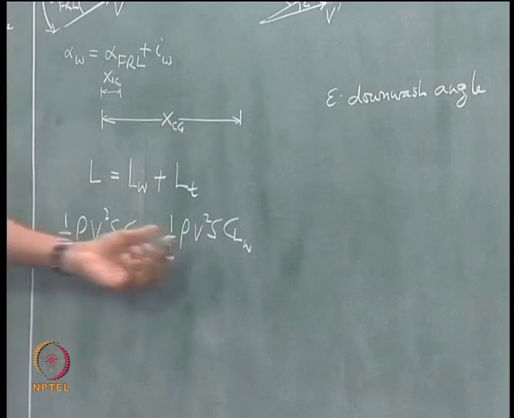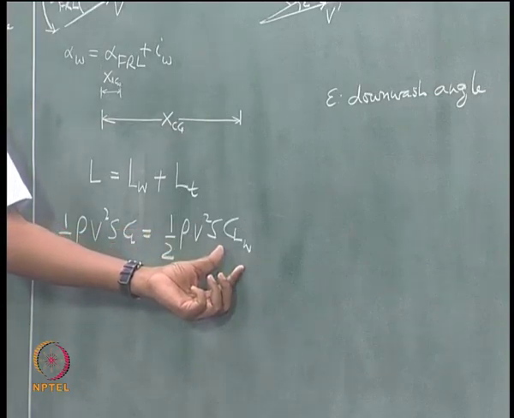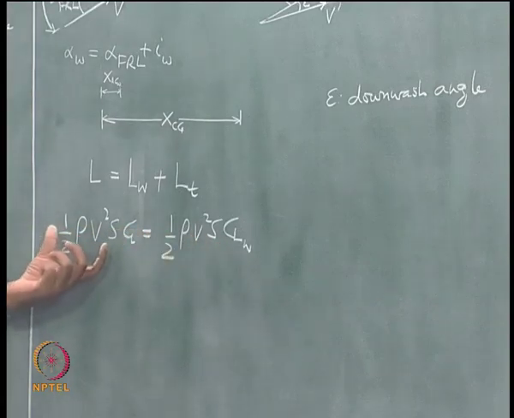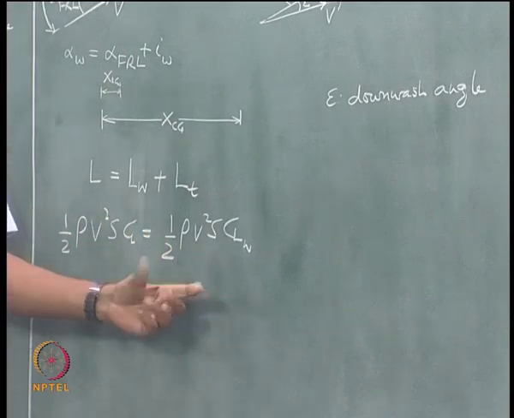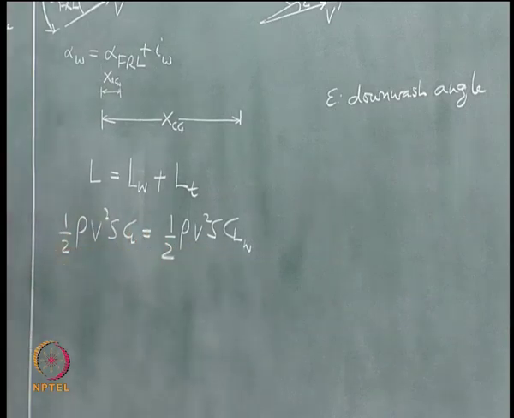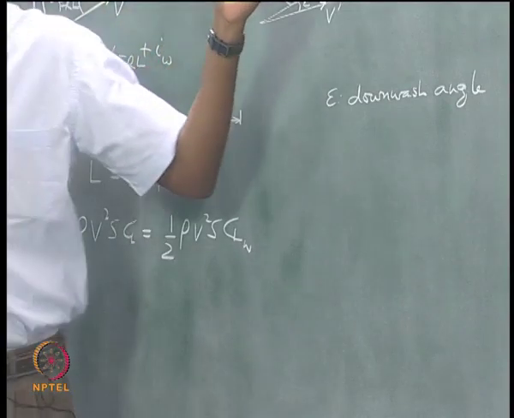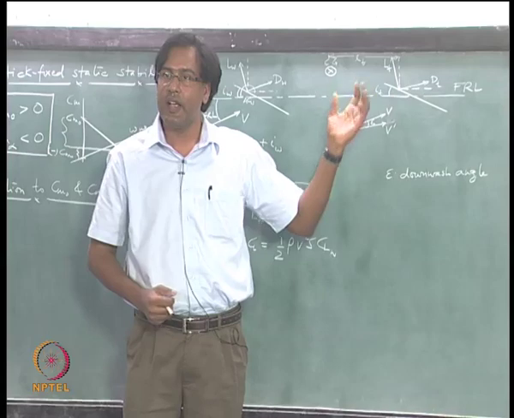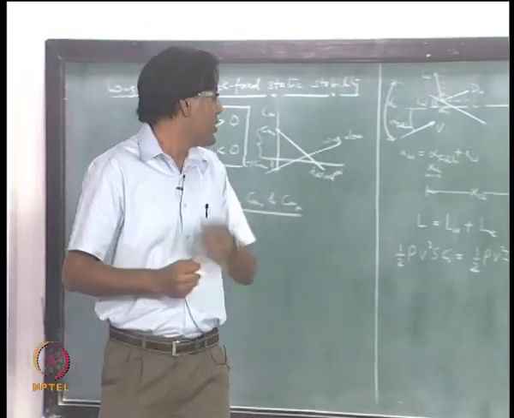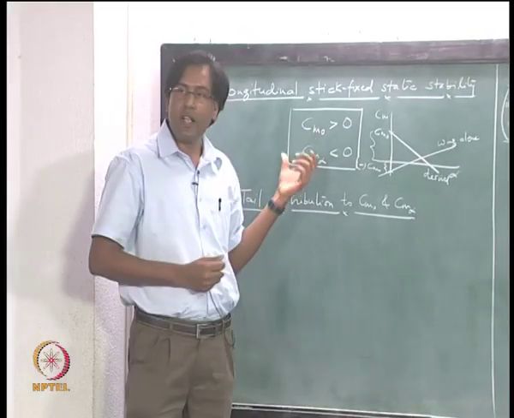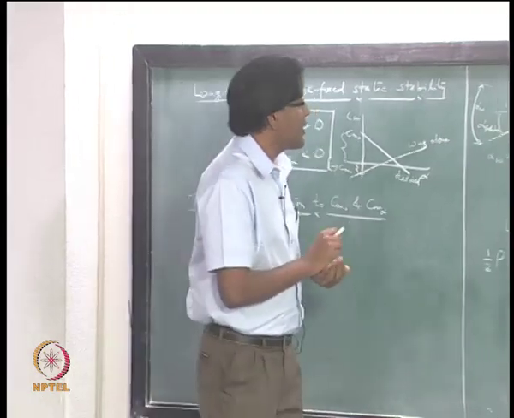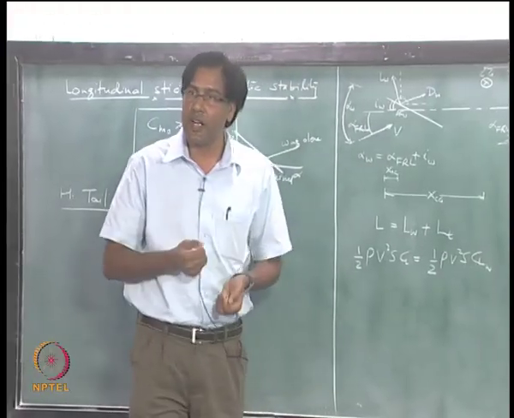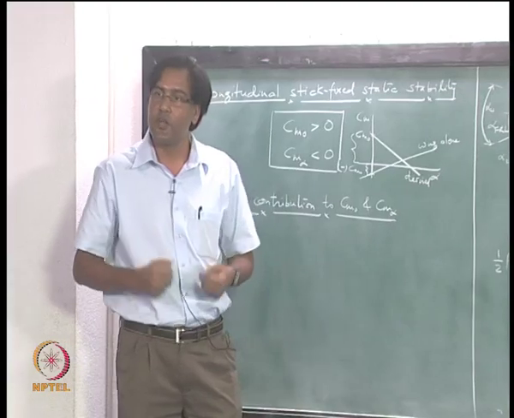Now, I am adding a CLW here, okay. These quantities are going to be the same, but I am adding a CLW here because I am not using the tail to produce lift, right. The tail is being used to change Cm naught and Cm alpha, right. That is the only objective why we are using the tail, for stability and control purposes, not to produce lift.